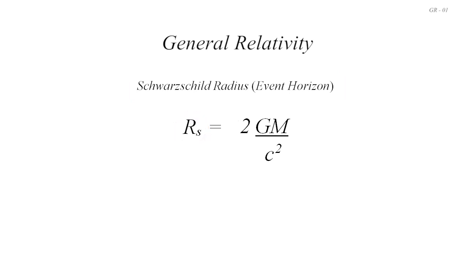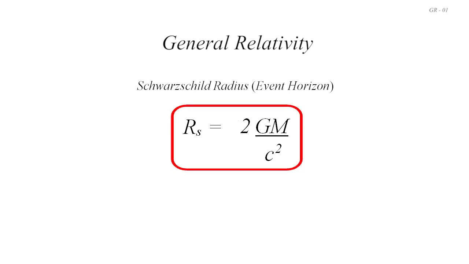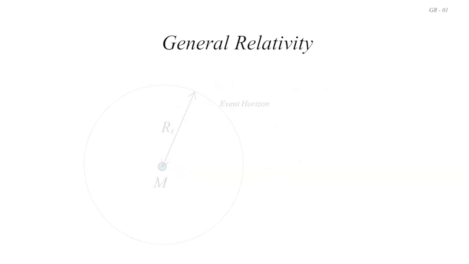Now, even though this idea and formula has come about from a rather simplistic use of Newtonian gravity, this value of the Schwarzschild radius will become important when we discuss general relativity and the properties of black holes. In particular, we will be thinking of a very large value of mass concentrated in an extremely small volume, something like a black hole.